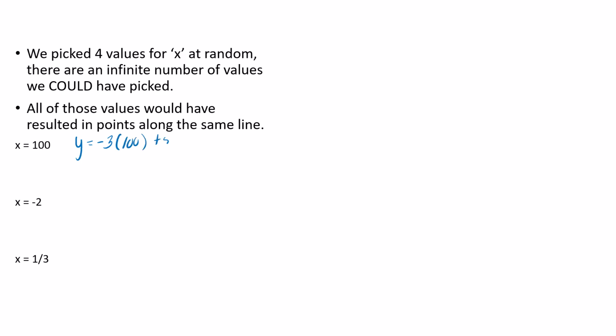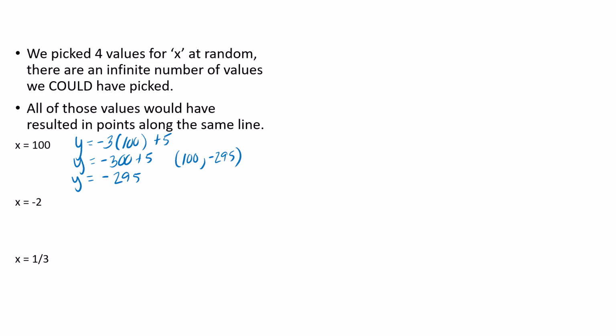Well, go for it, okay? So you've got y equals -3x plus 5. We'll pick x equals 100. So that'll be -300 plus 5. So that gives me -295. And so the point (100, -295) would also have worked.